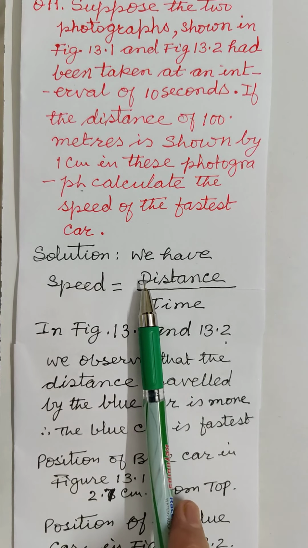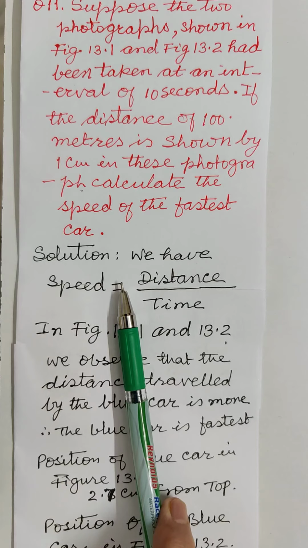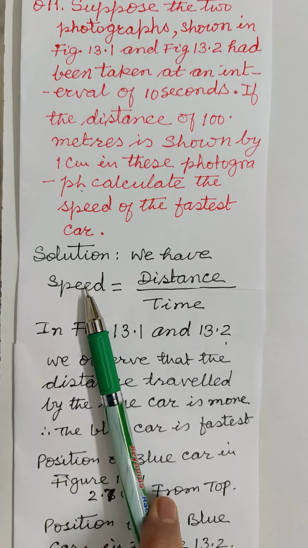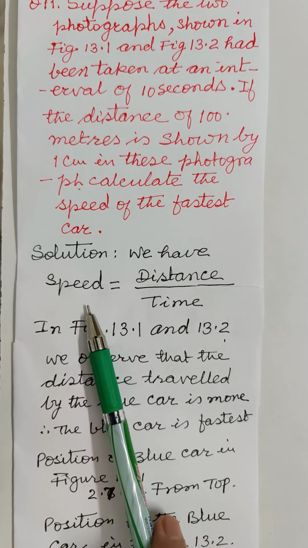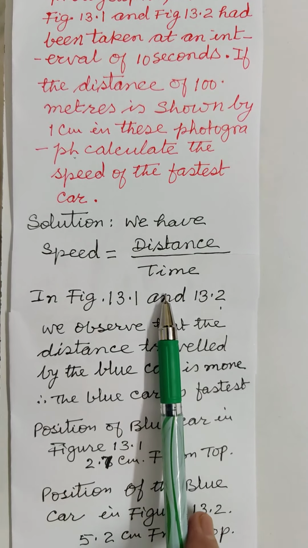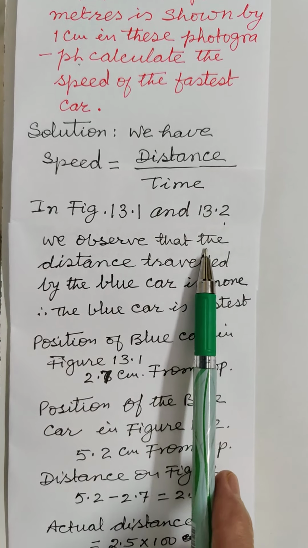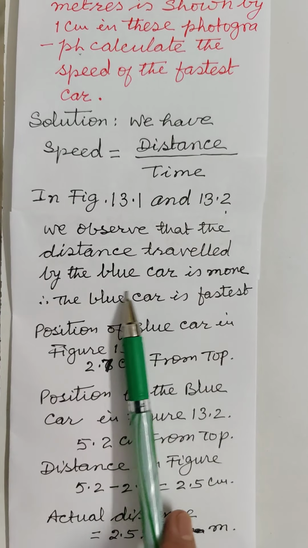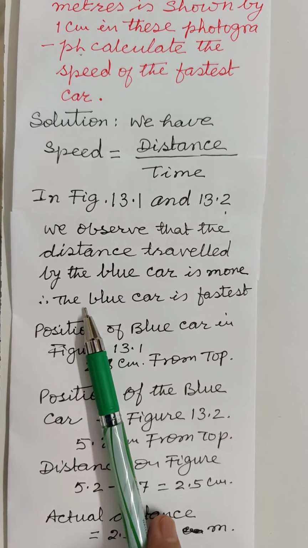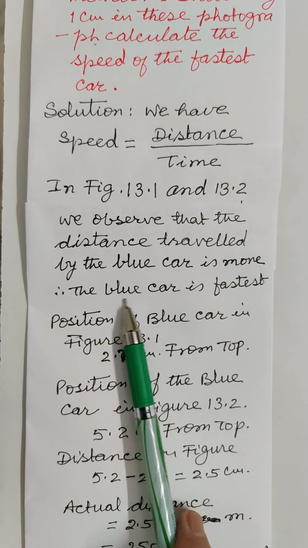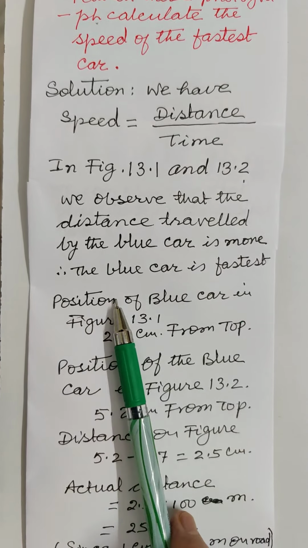So as we observe photographs 13.1 and 13.2, we find that speed is equal to distance upon time. And in figures 13.1 and 13.2, we observe that the distance travelled by the blue car is more. The blue car is fastest.